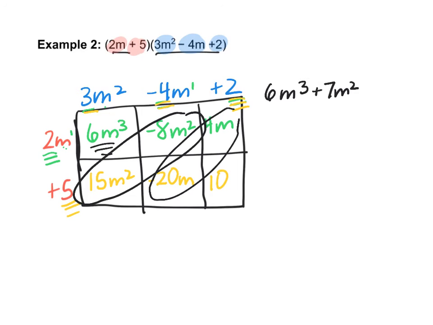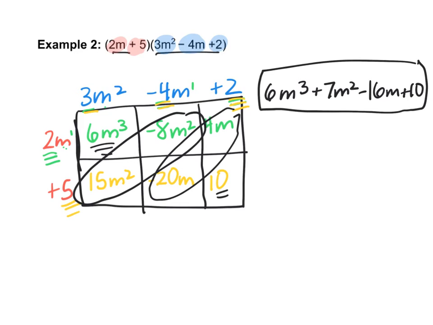And then we're going to do negative 20 plus 4m, which would give me negative 16m. And then the last thing I need to make sure I have is my plus 10. And this would be our final answer: 6m cubed plus 7m squared minus 16m plus 10.